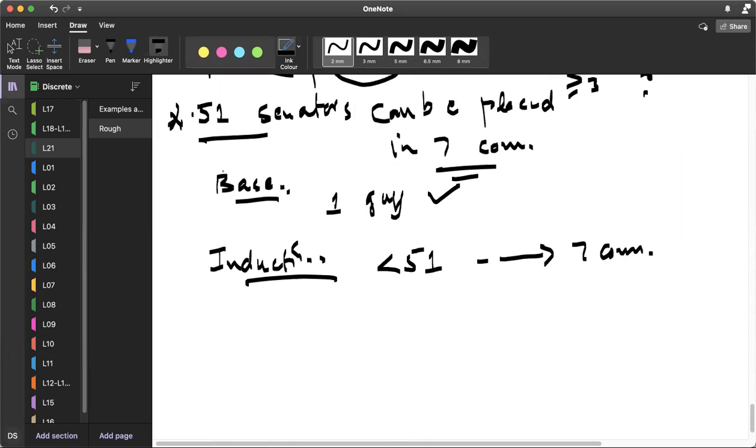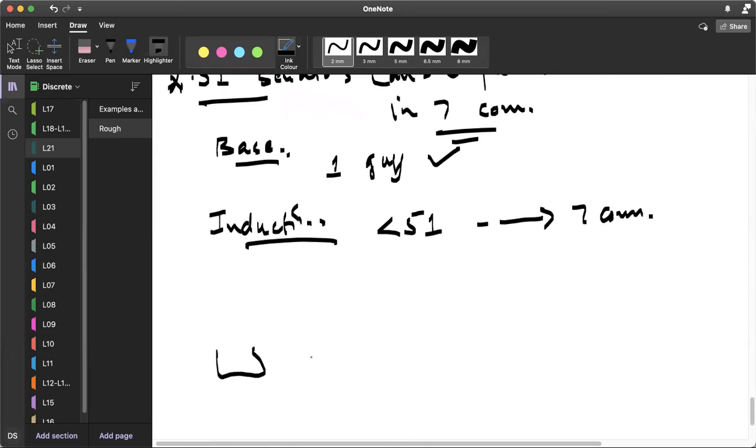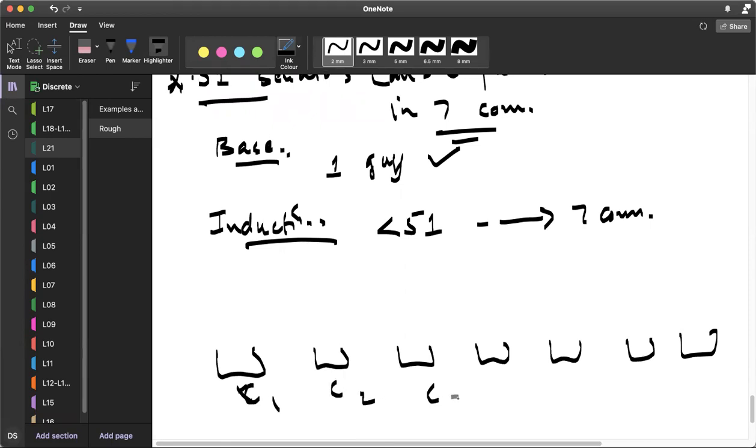Think of these boxes as 7 different committees in which we have placed the 50 people: committee 1, committee 2, committee 3, committee 4, committee 5, committee 6, and committee 7. All 50 guys have been placed in these committees without violating the rules.